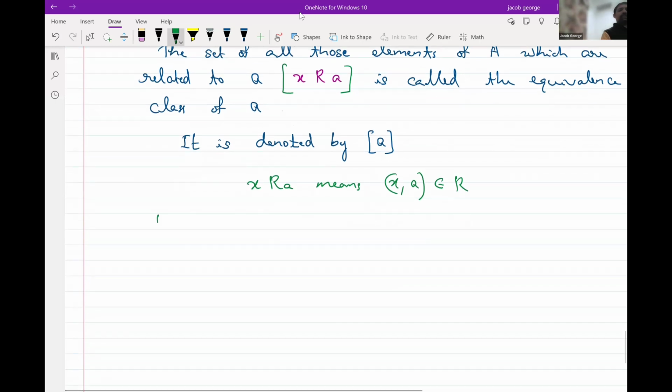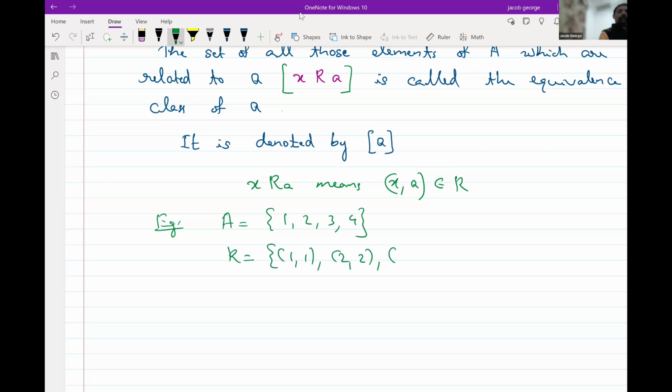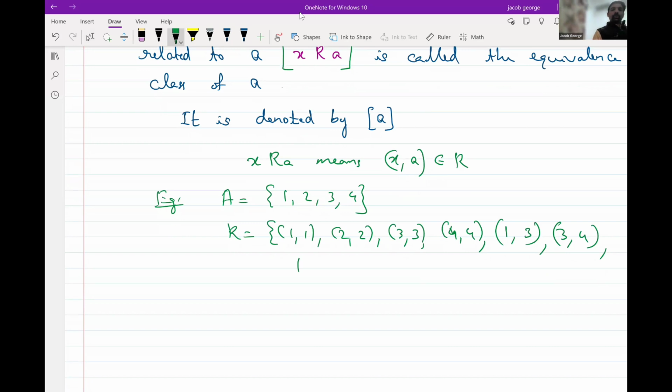For example, A is the given set {1, 2, 3, 4}, and it should be an equivalence relation. So I write R: (1,1), (2,2), (3,3) and (4,4) are there. Then I add some more elements like (1,3) and (3,4). If (1,3) and (3,4) are there, then (1,4) must be there for transitive.